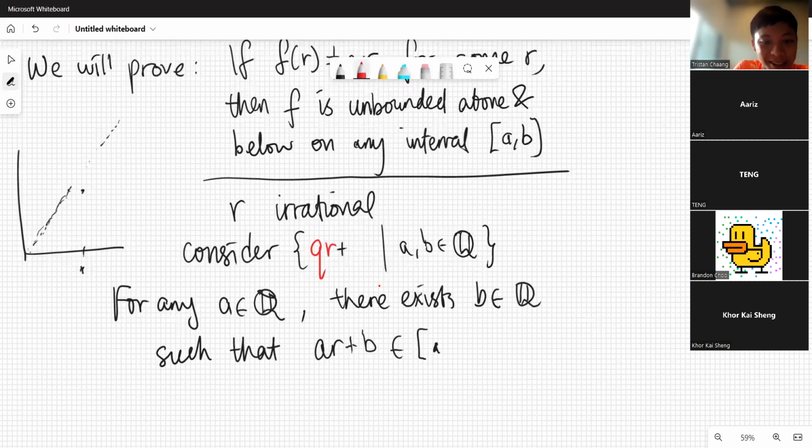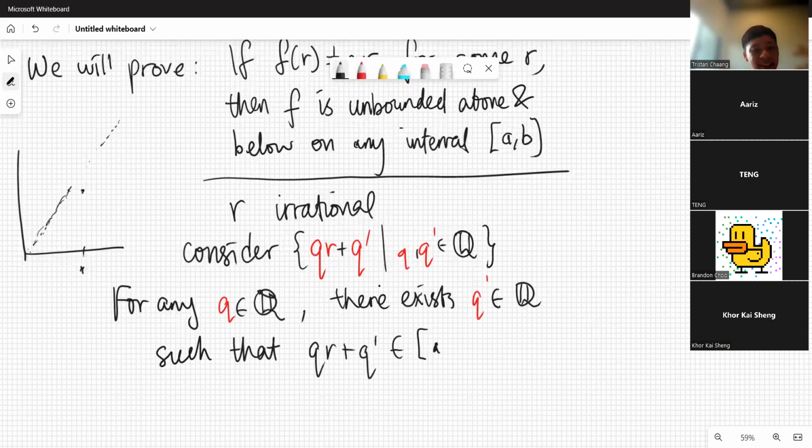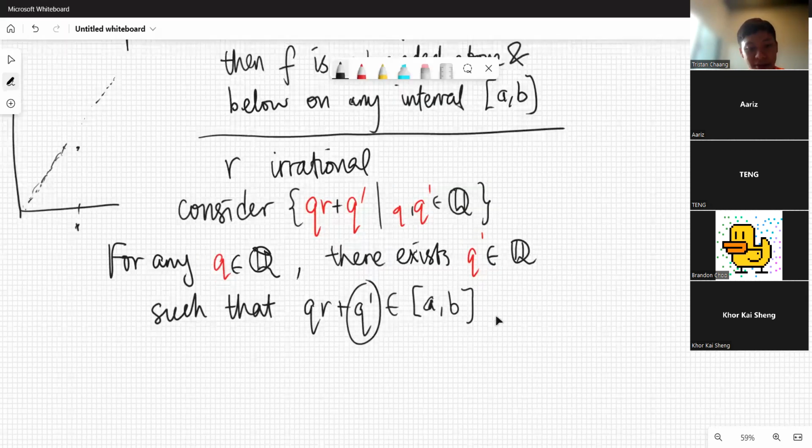Let's say qr and q prime. So for any rational q, I can choose this leftover term q prime so that the number we obtain can be adjusted to be in this interval. That should make sense, right?